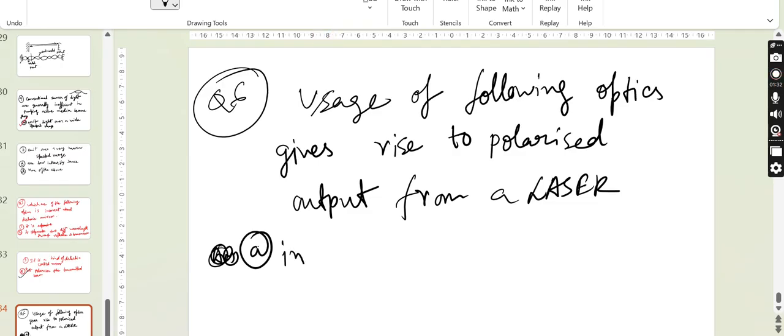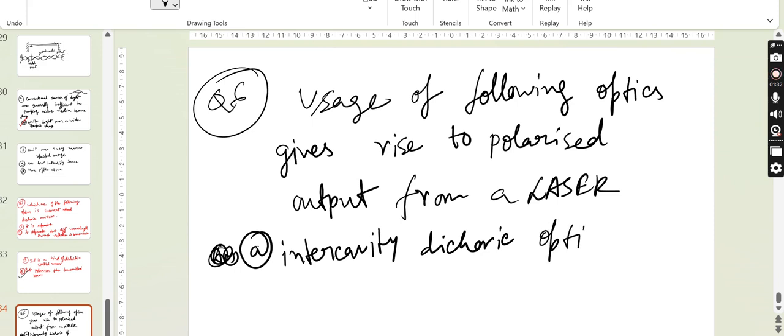Intracavity dichroic optics doesn't give rise to polarized output, we know that.